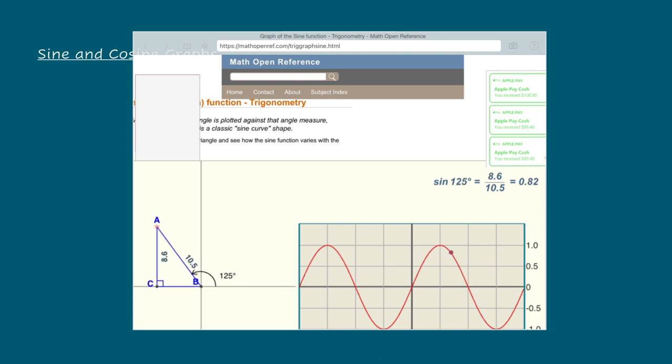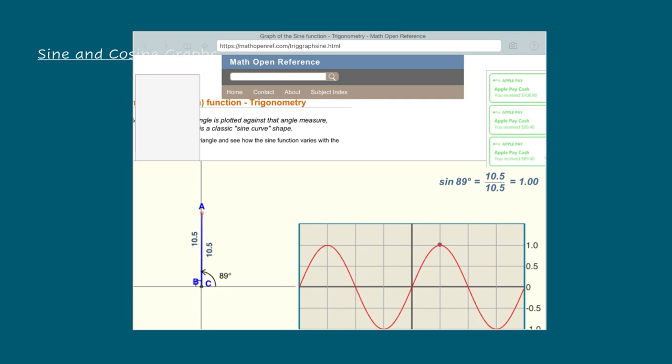Notice that if I have the sine of 58 degrees, I am calculating the ratio of 8.9 over 10.5, and it's given me 0.85. Notice that if I go to right here, I am at 90 degrees, if I can get it to stop right where I want it to go.